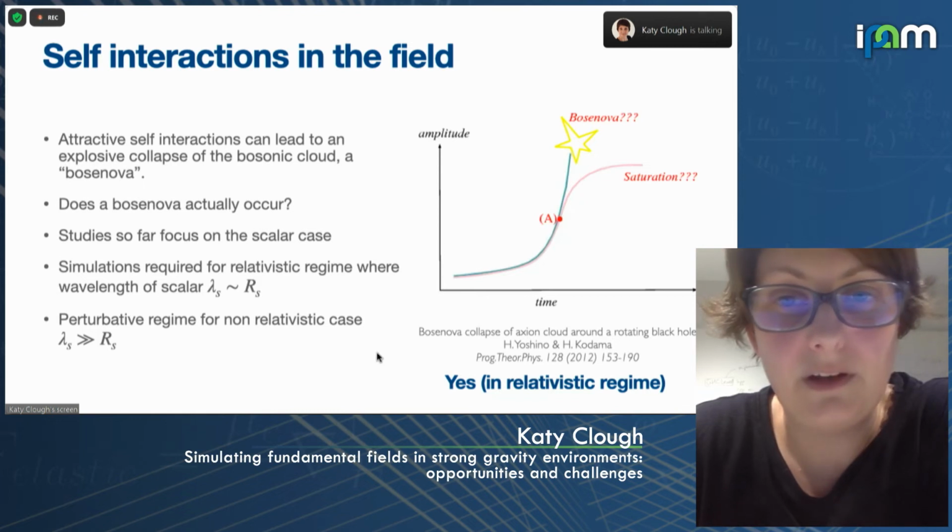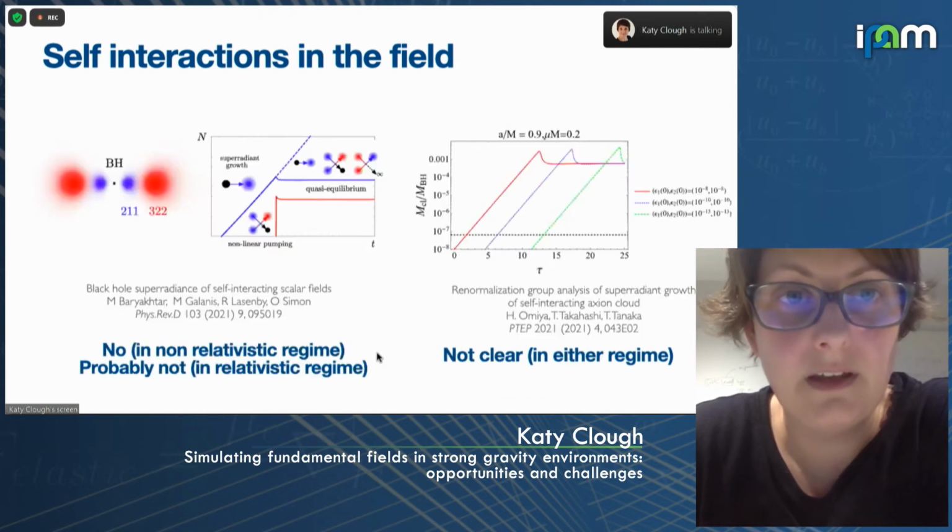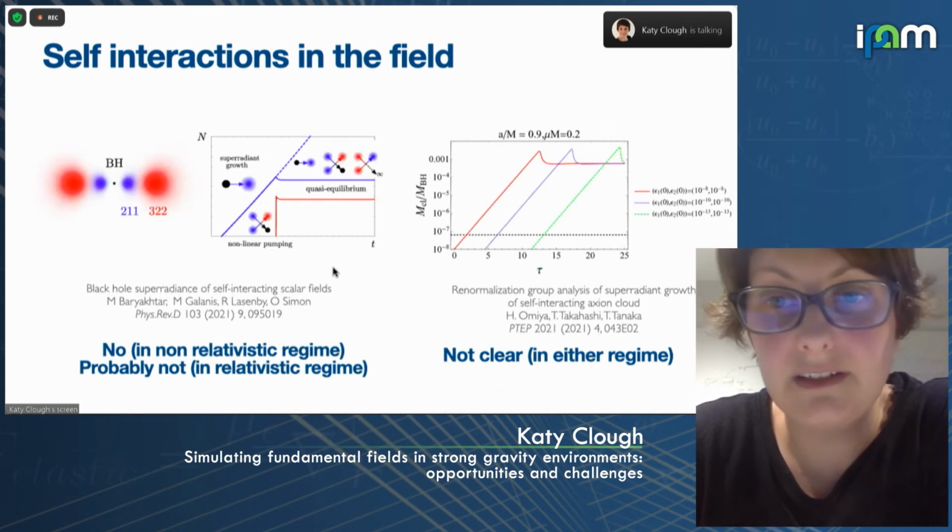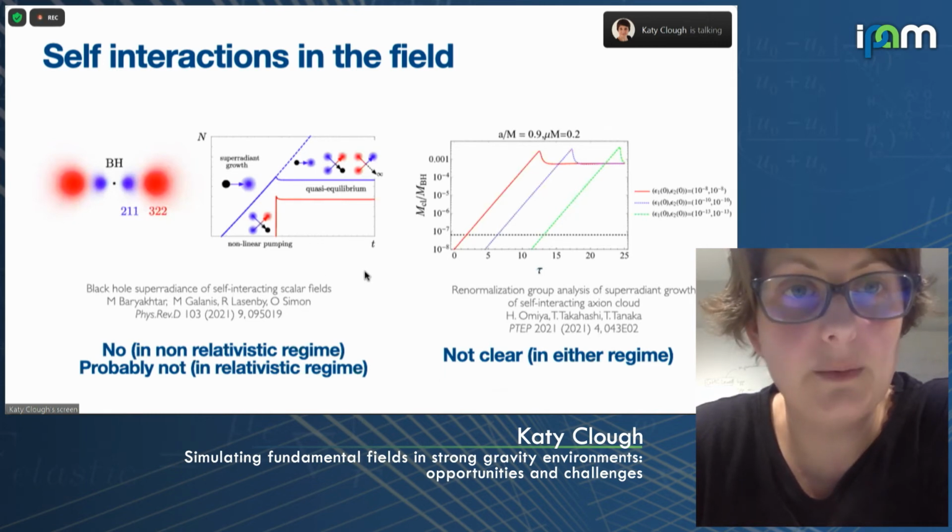So this was the kind of prevailing wisdom. But actually, just this year, there were some really interesting papers suggesting that this may not be the case. First, this nice paper by Masha Baryakhtar and collaborators, where they were looking at this case in the non-relativistic regime.